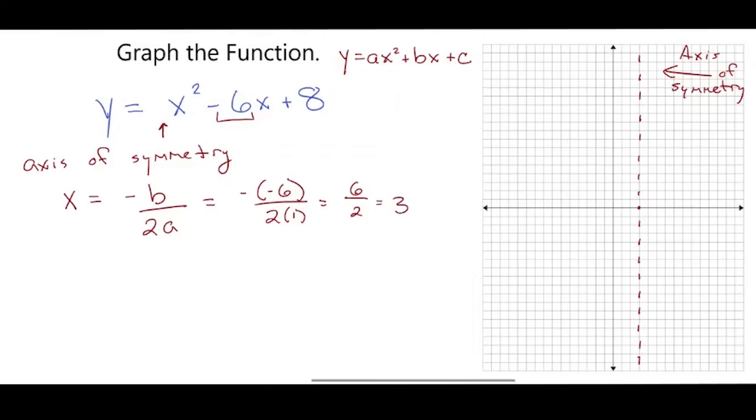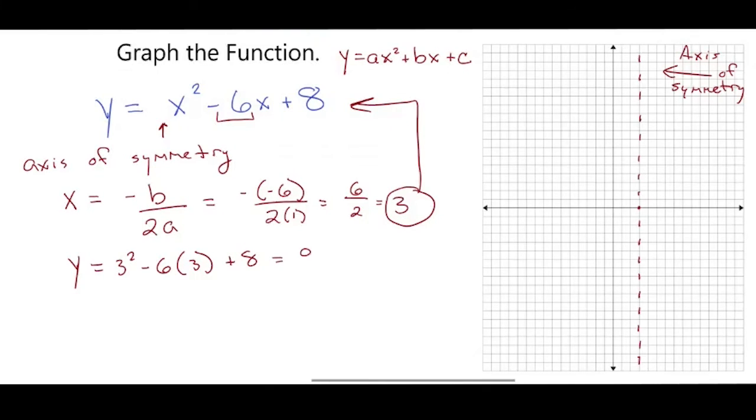All right, now we want to find the vertex. That's the place where our graph is going to switch directions. And that occurs when x is 3 and we plug it into the equation. So y equals 3 squared minus 6 times 3 plus 8.